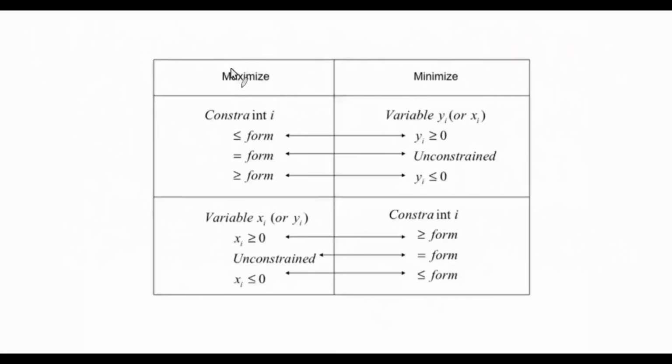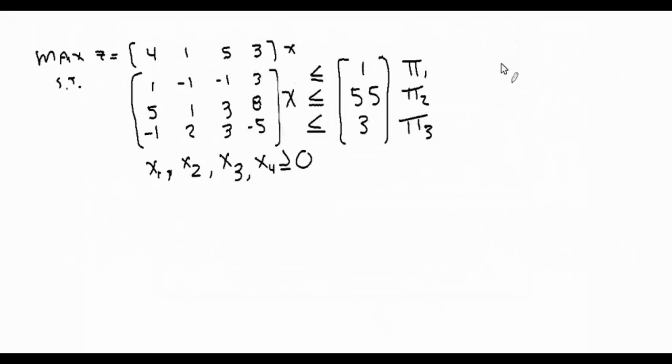So we have a maximization problem. We're looking at constraints now, and we see that the first constraint of the primal is in less than or equal to form. We come down there, go over to the right to see what the corresponding sign restriction on the dual variable will be, and we get greater than or equal to 0.